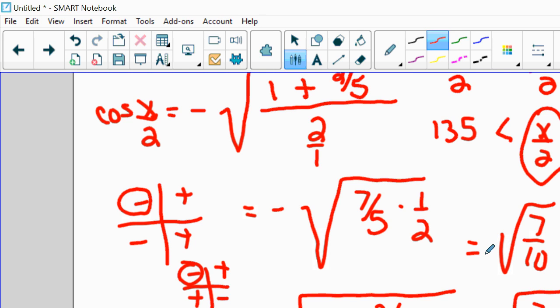Painful, painful. So those are the half angle formulas.